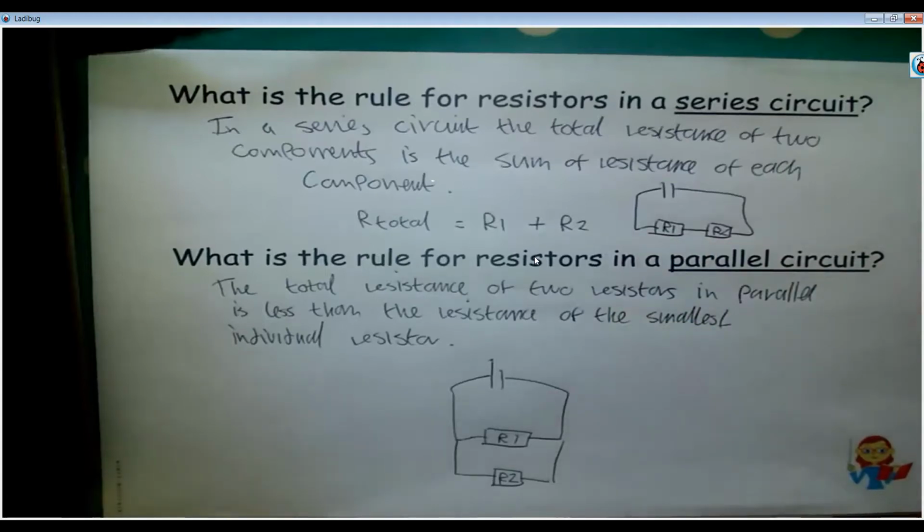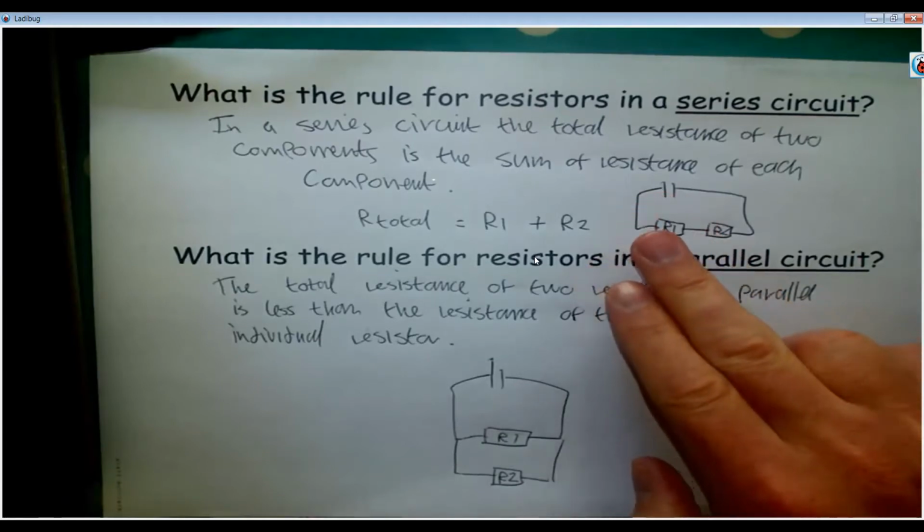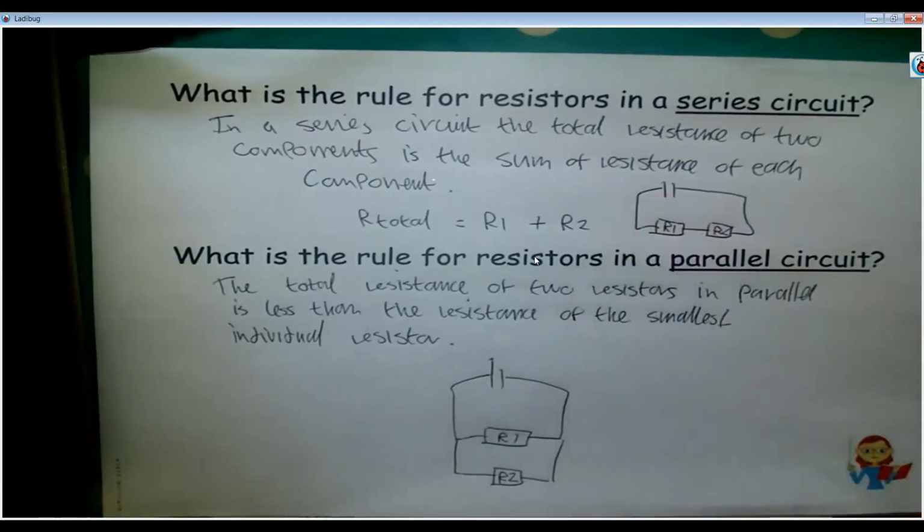Okay, so I hope that makes sense. The reason why the resistance is smaller in a parallel circuit is because it's easier for the current to flow, because it can flow through each loop before going back to the power source, whereas in this circuit, it has to flow through both components of resistors before going back to the power source.